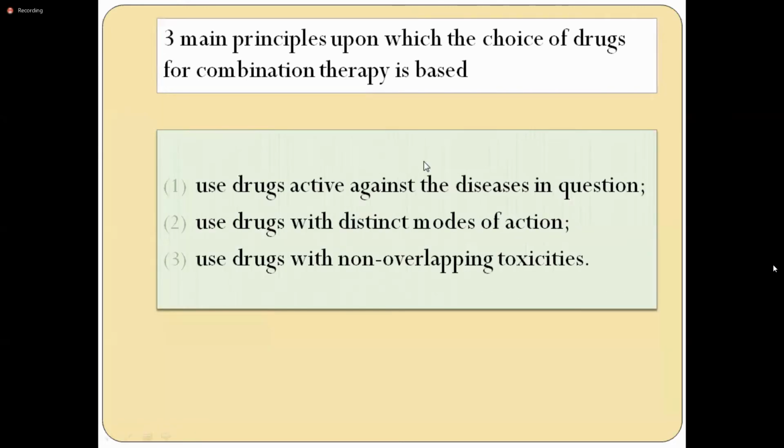So we'll use drugs that are active against the disease, with a distinct mode of action and non-overlapping toxicity. We have already mentioned that cancer therapy is very notorious for toxicity, so we should always be careful in choosing these modalities of treatment.